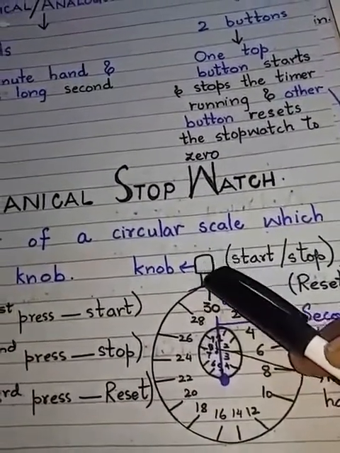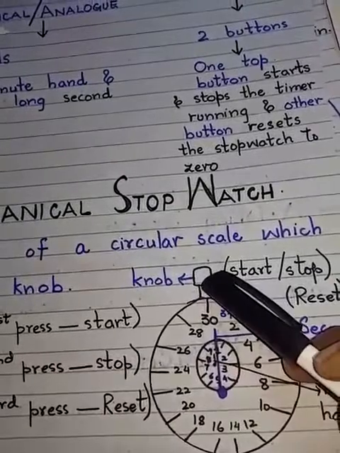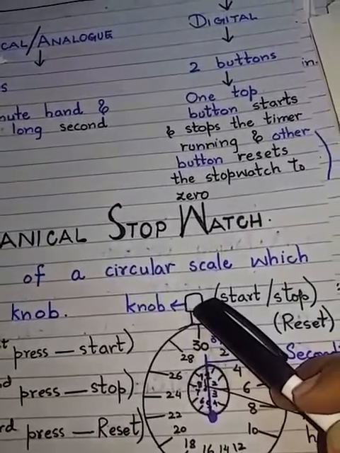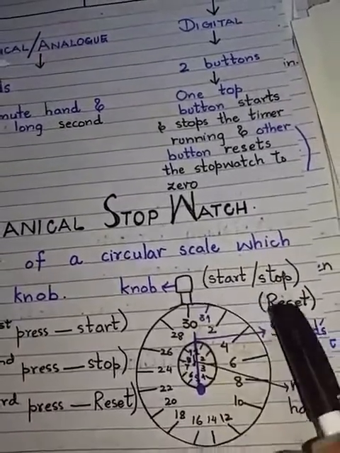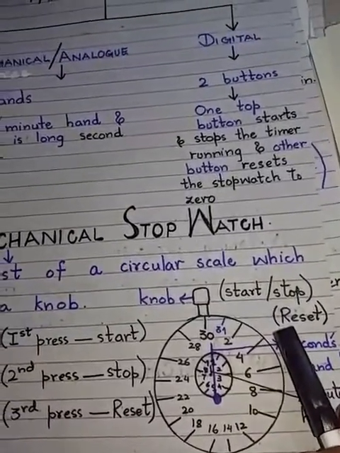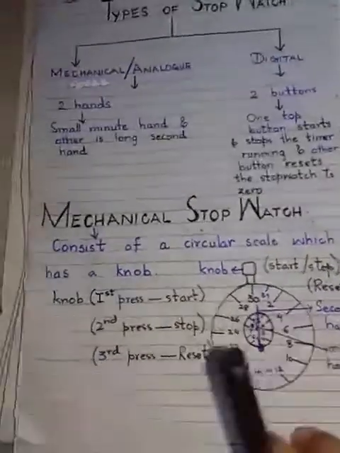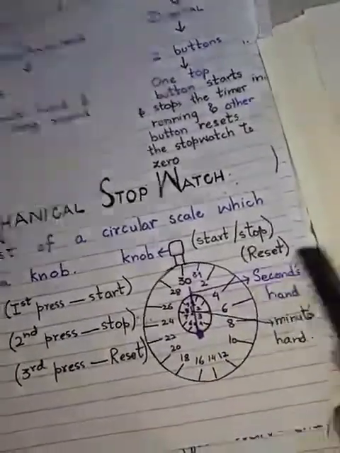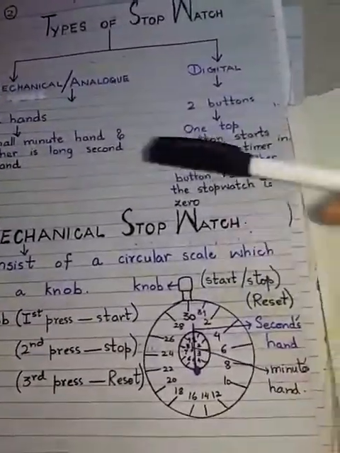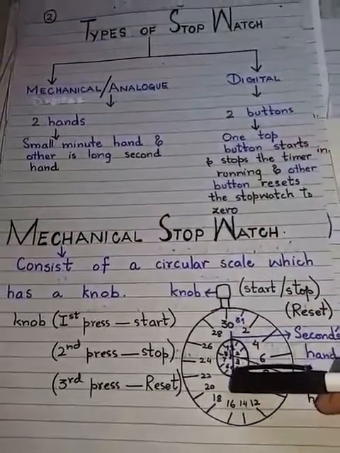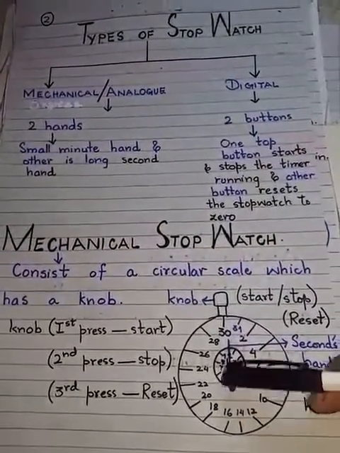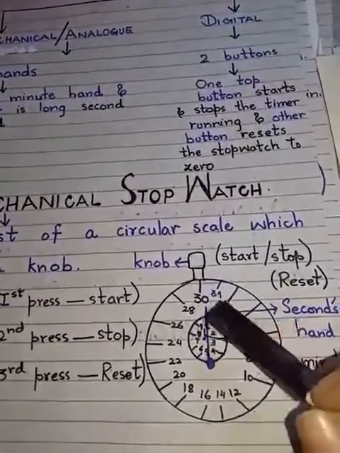This knob is used to start and stop the timer, and it is also used to reset the stopwatch. It consists of two hands: one is a small minute hand and another is a long second hand.